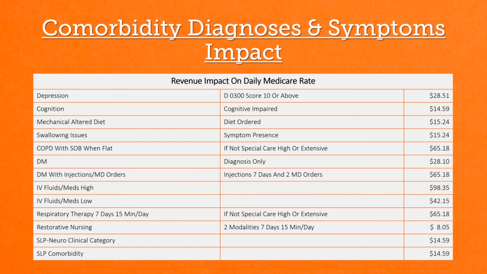So for those people that are dehydrated and have UTIs, it is an opportunity to access that. Look at the returns on IV fluids and IV meds: high, on average, is a $98.35 a day increase, and low is a $42.15 a day increase on the daily rate. So it is an average, but it gives you an idea of the importance of each one of these questions that we're coding them correctly.